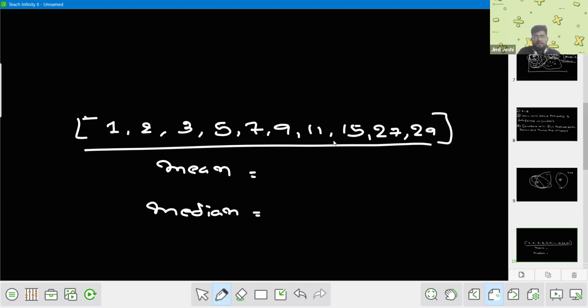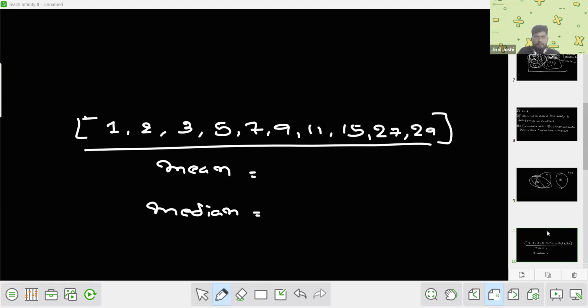What will be the median of this data? Quickly. 10.9.